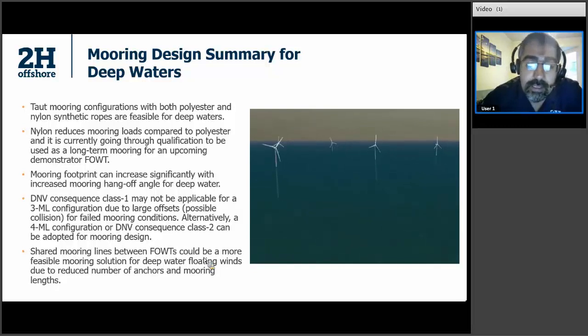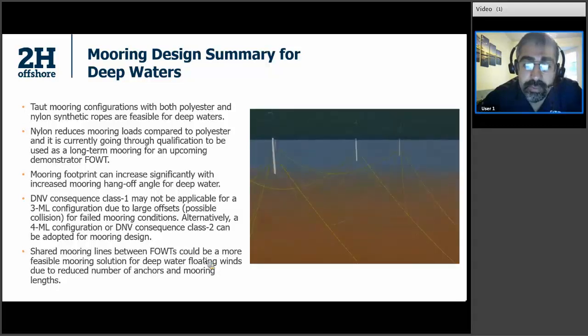In addition, in deep water, based on the wind farm layout, shared mooring lines and also shared anchors can be feasible, where they probably weren't feasible in shallow water.